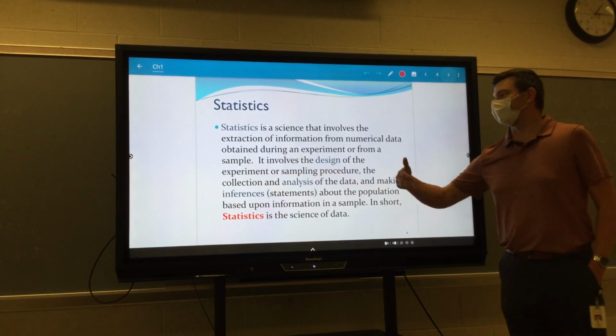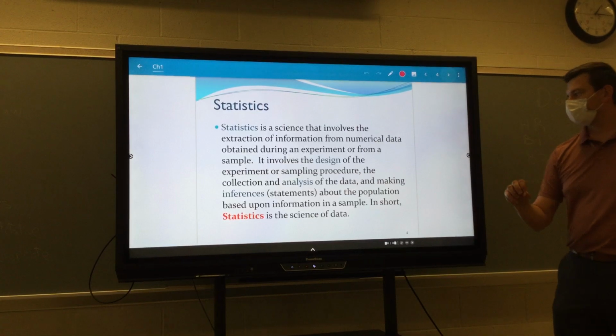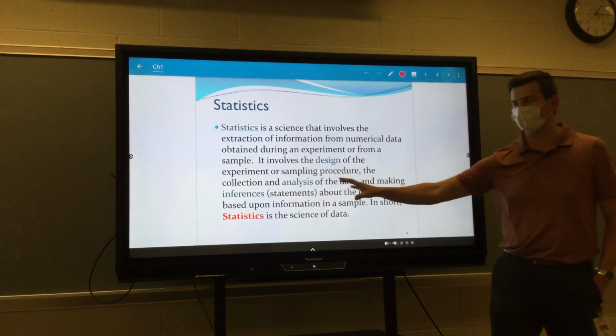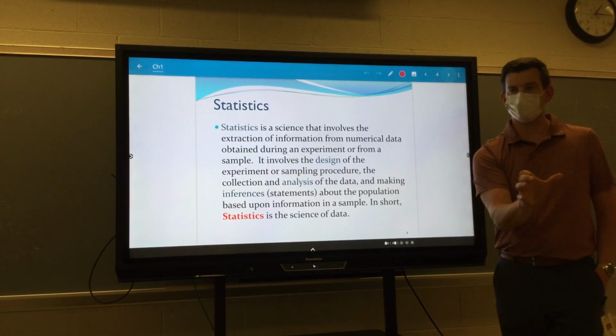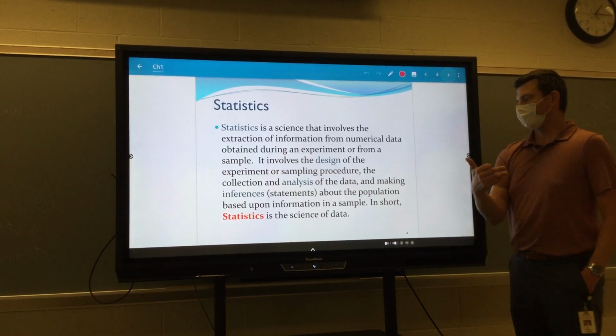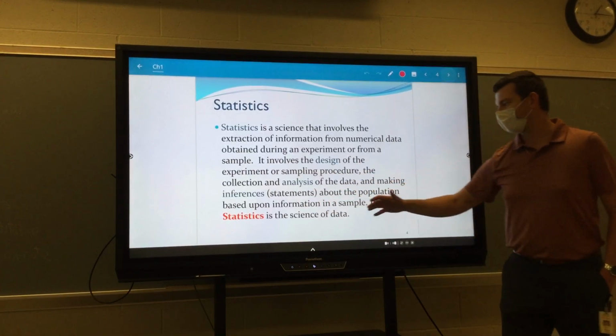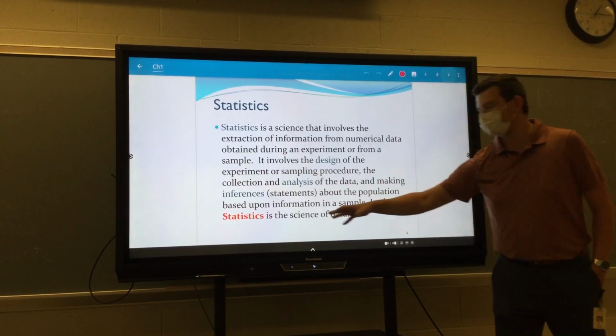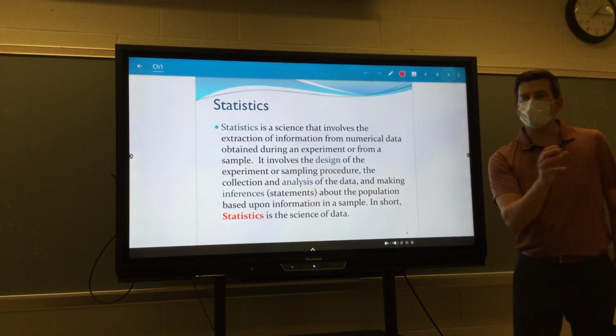It involves the design of the experiment or sampling procedure. We have entire chapters based off of just sampling procedures, how to get a good sample. The collection of that data, the analysis of that data, and making inferences about that population.